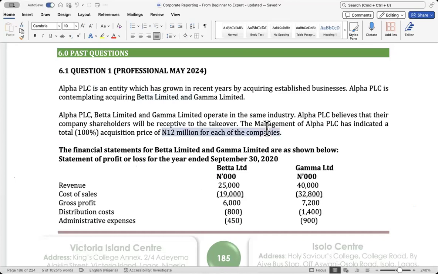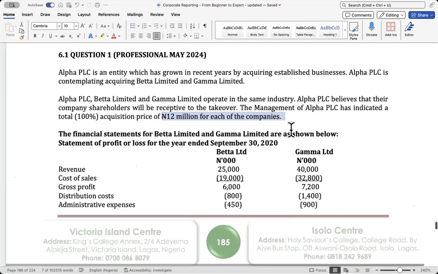Should they buy, should they not buy, considering the performance and position of each of these companies? It's either you advise them to buy the two, or to buy one of them. I mean, they were not specific. They just say give them investment decision. That's the context here. Alpha wants to buy a company or two companies.